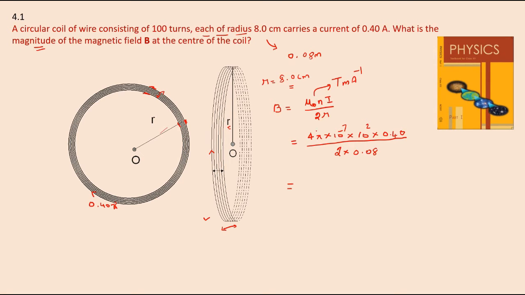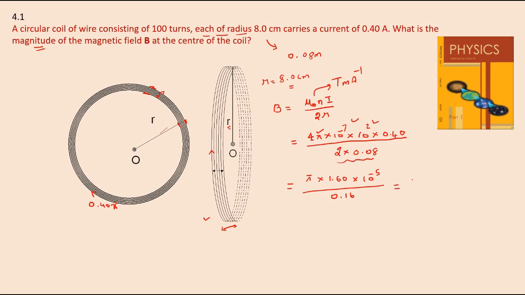Simplify. This pi you write here separately, into this 4 and this 0.40, 1.60, into 10 to the power of -7, 10 to the power of 2. So 10 to the power of -5 whole divided by 0.16.